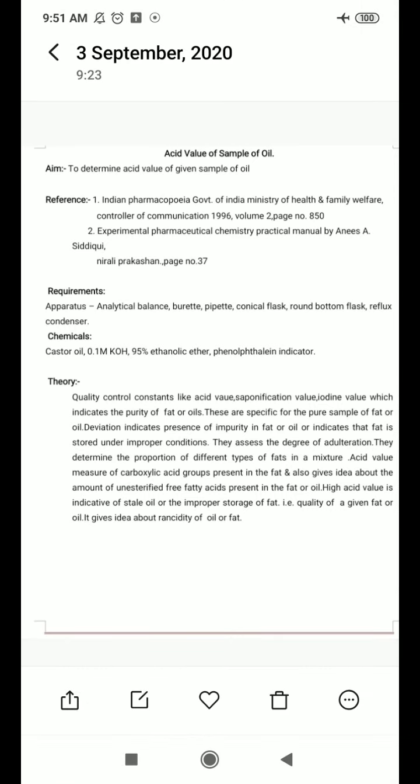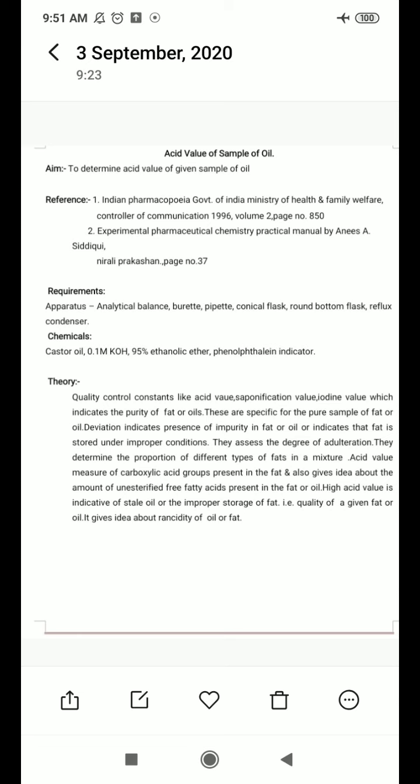Before ending this experiment, here is some assignment. First question: write down the physical and chemical properties of castor oil, including its chemical structure. Next: how to prepare 0.1 molar KOH.